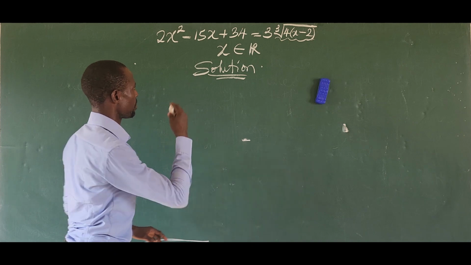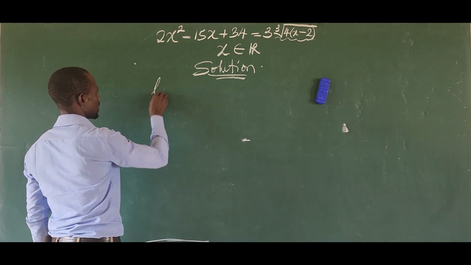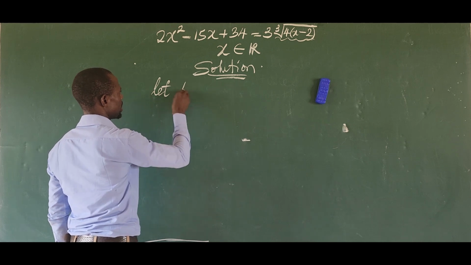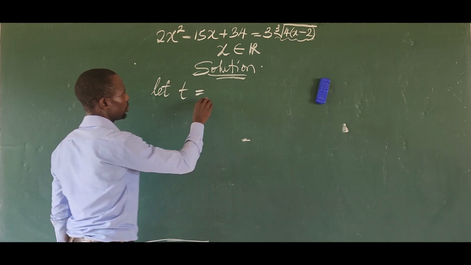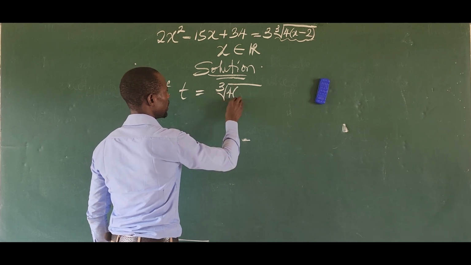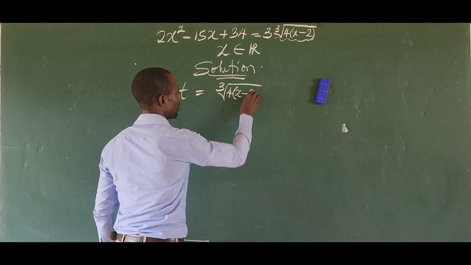So from here, let t be equal to the cube root of 4 into (x minus 2).